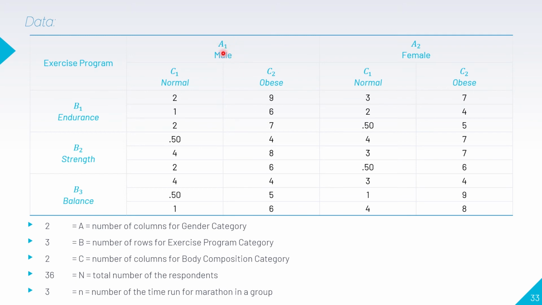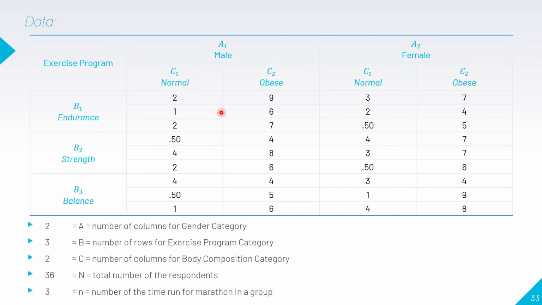We have male and female, so we have 2. In finding B, the number of rows for the exercise program category, we have 3: the endurance, strength, and balance. C, the number of columns for the body composition category, we have 2, the normal and obese. And the total number of respondents we have is 36.